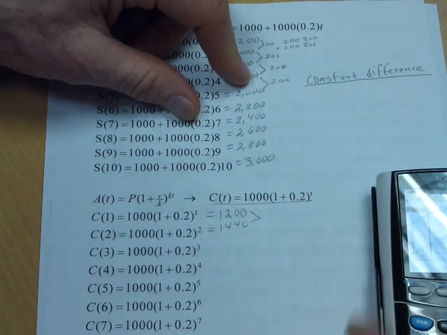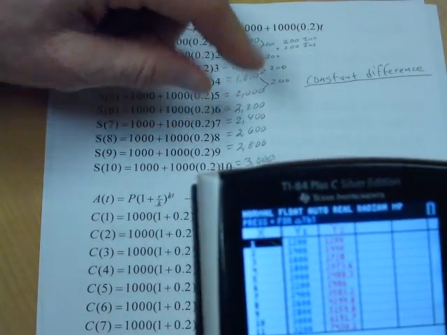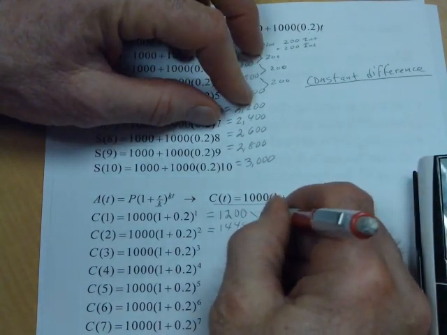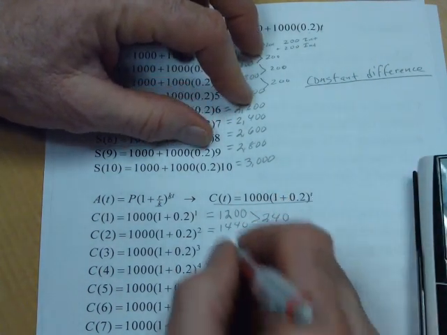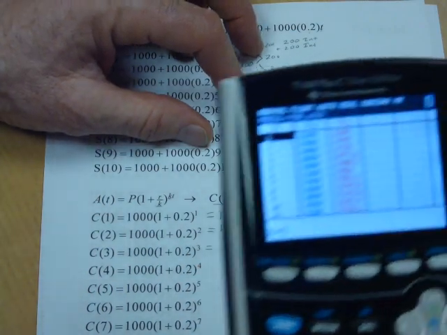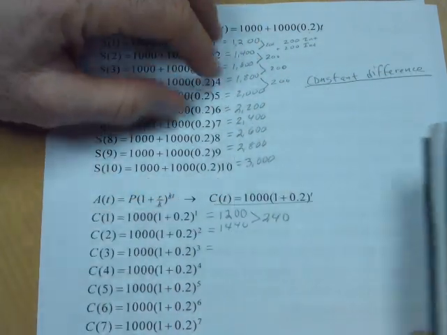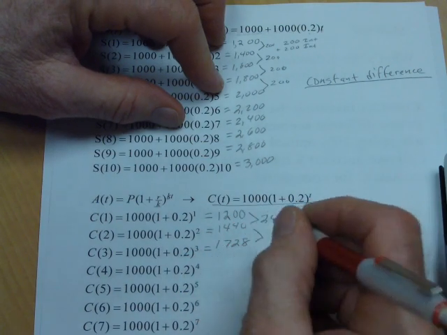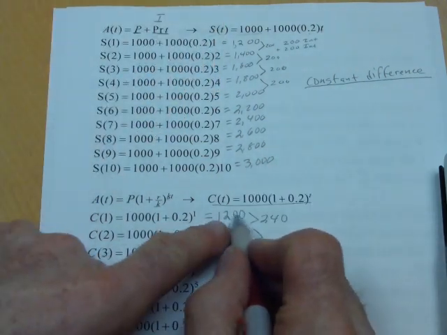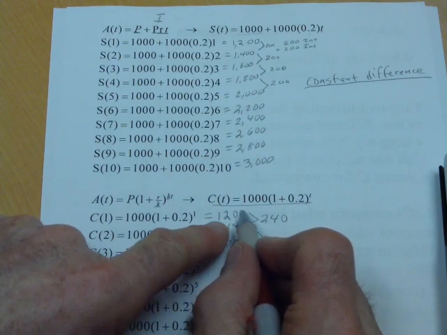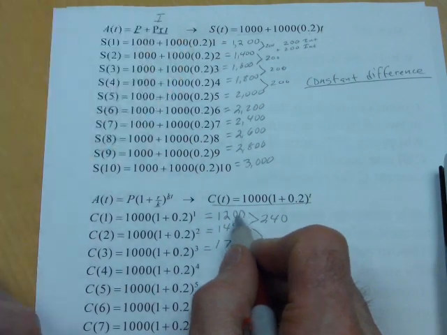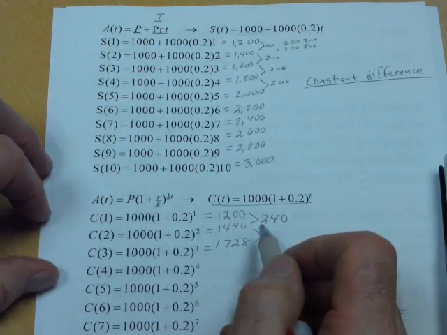That number is $1,440. So that went up by $240 the second year. The third year is $1,728. Because after the first year, we were making 20% on $1,200, not just 20% on $1,000 like we were in the previous linear model.